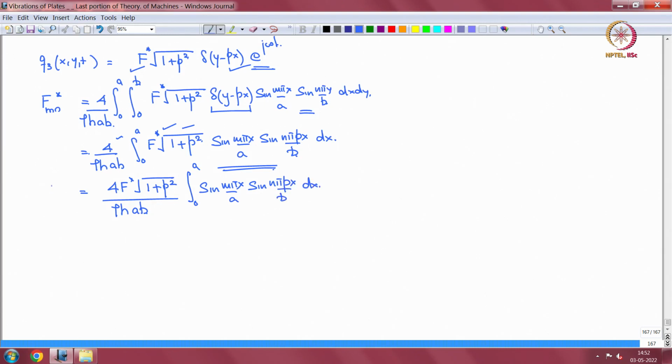That is my Fmn star. So from here I move to gamma tilde mn and all that. Okay. So that is one more.